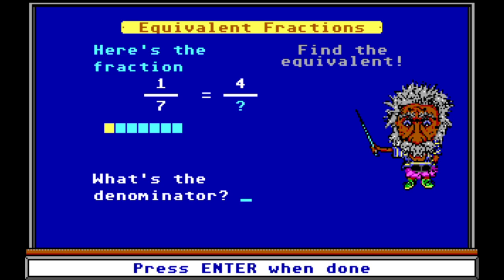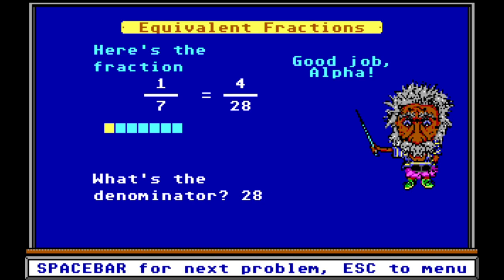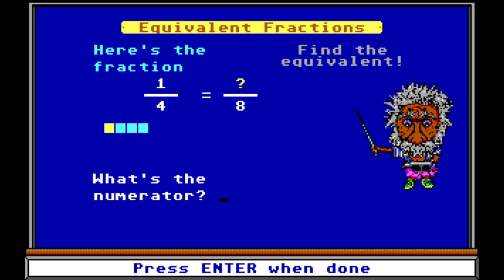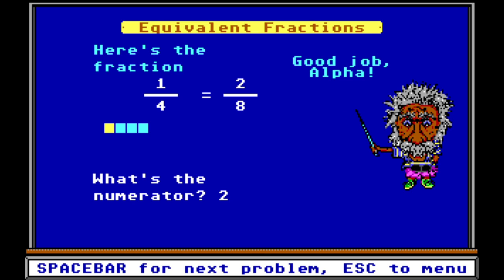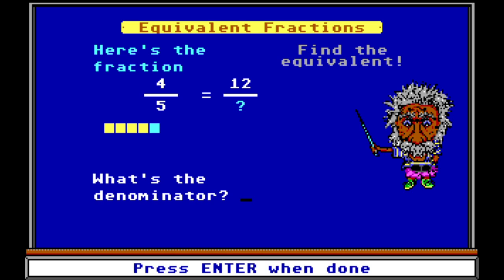So 7 times 4 would get you to 28. Or to get you there, take the complete piece first. 8 divided by 4, the two bottom numbers, equals 2. That's the thing you want to multiply the top number you have by. So times 3.